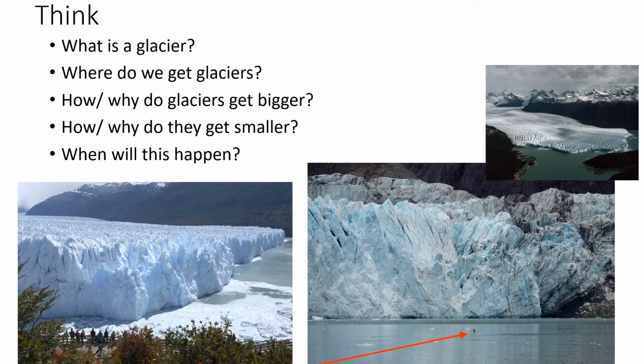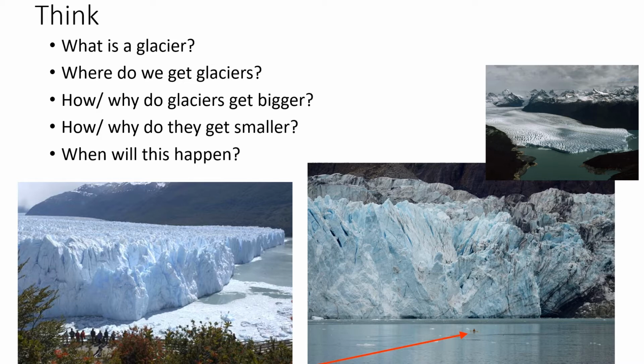However, they are nature's bulldozers, and they just carve their way through landscapes with ease, and create some wonderful and beautiful features. They're also often huge. You can see in the bottom right picture there, you've got somebody in a kayak, and that gives an idea of the scale of some of these glaciers compared to people.